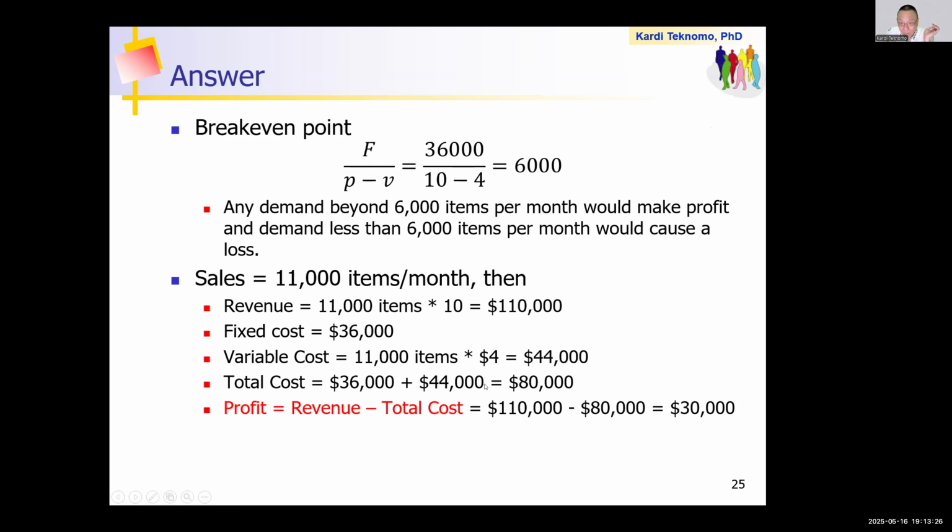Then you calculate the total cost, and then you can get the profit, which is 30,000. Is it clear or not with this example? Do you need some time to absorb this example?